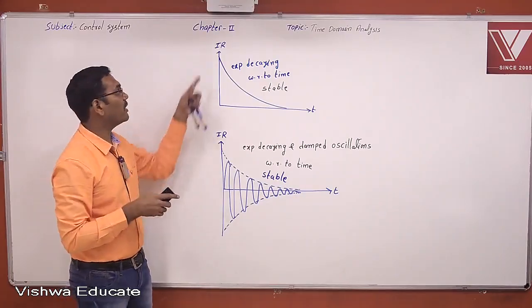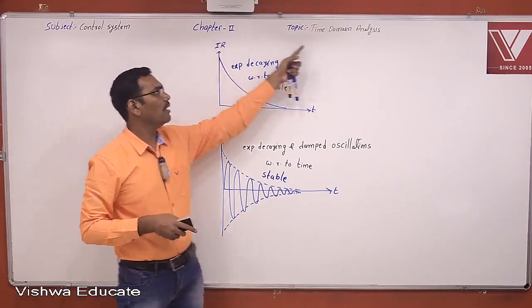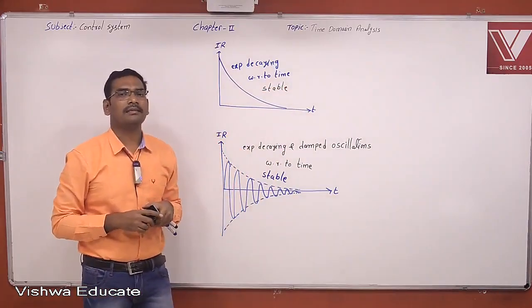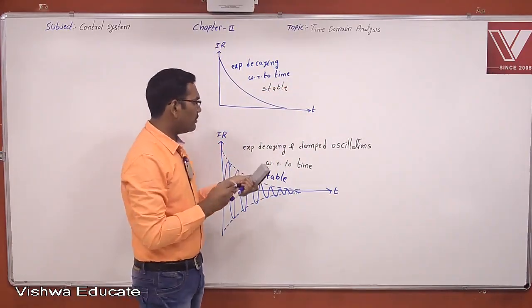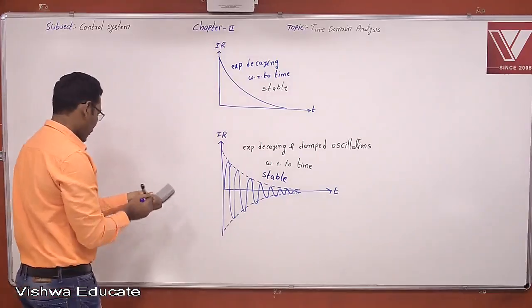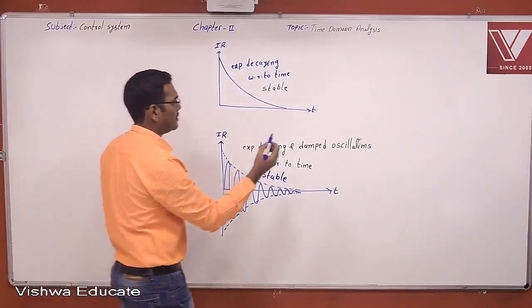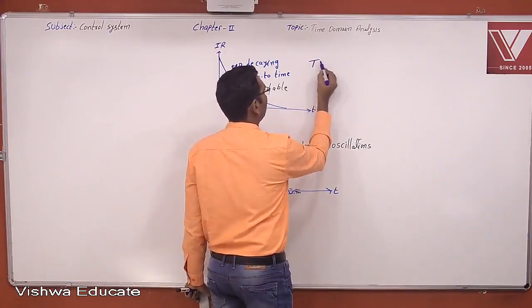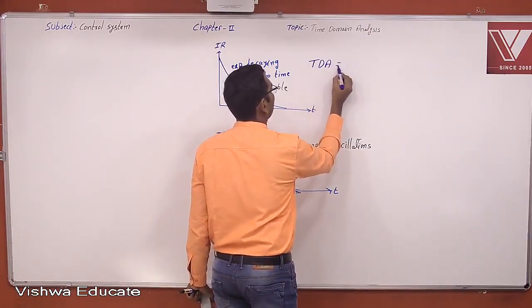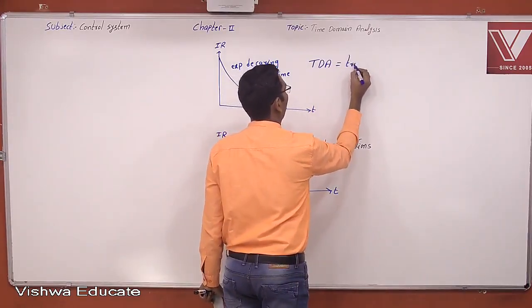So then why did you keep a separate topic as chapter 2, time domain analysis? Yes. But now the point is that the total time domain analysis has two parts.